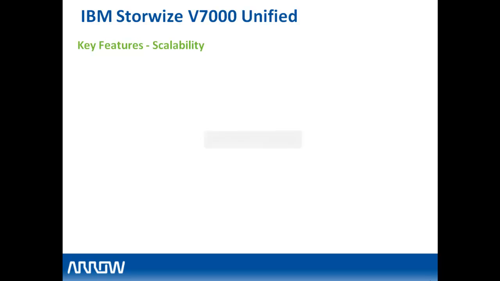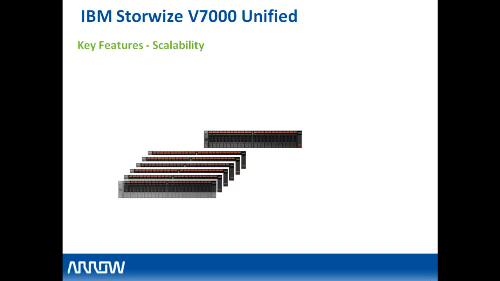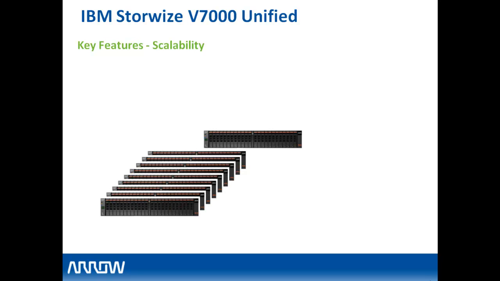The V7000 scales like any normal storage subsystem to start with. You buy a single controller, it has 24 disk bays in it. We can then bolt on up to 9 expansion arrays onto that single storage controller, giving us the capability to go up to 240 drives in its 2.5-inch form factor version, which is what you see in front of you.